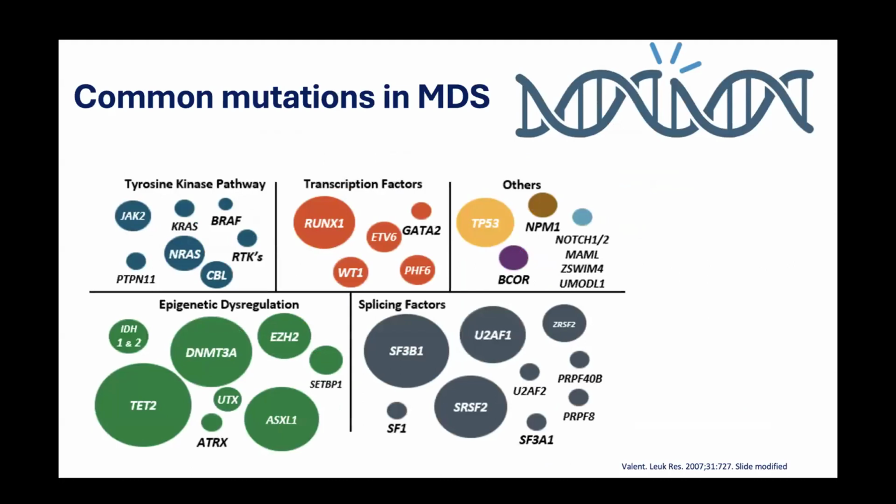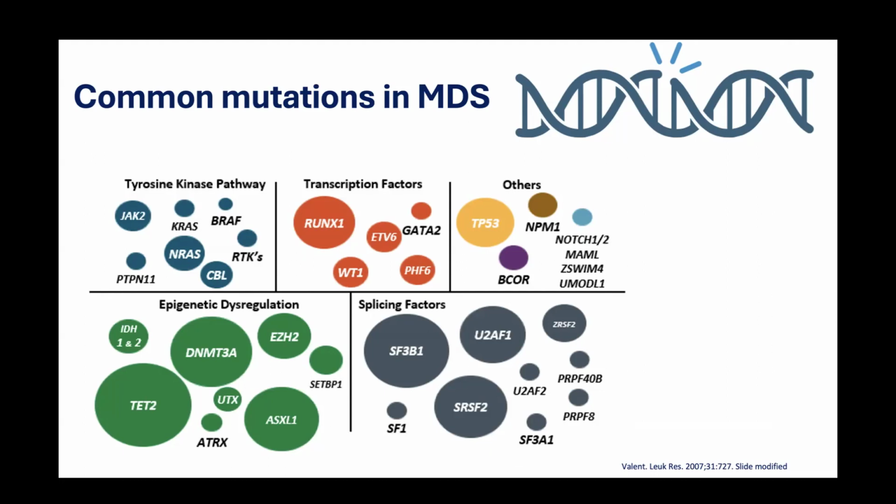Now, in addition to cytogenetics, where you're missing entire chromosomes and whole swaths of genetic material, we know that there are about 50 very common mutations in MDS. And 80% of patients with MDS will have at least one of these mutations, sometimes two, three, even more. And these fall into these 5 categories.